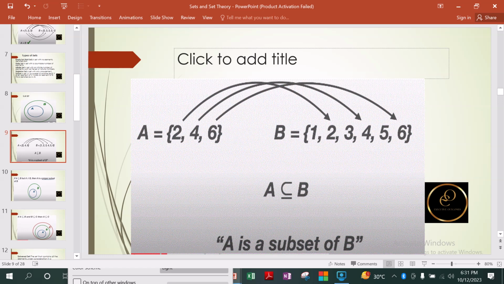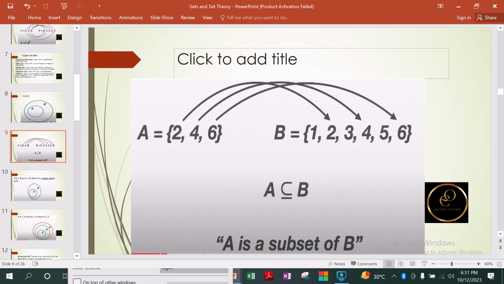Then you have B with 6 elements, which is 1, 2, 3, 4, 5, and 6. You can see that every element of A is also found in B. Therefore, A is a subset of B. So that's what it means here.